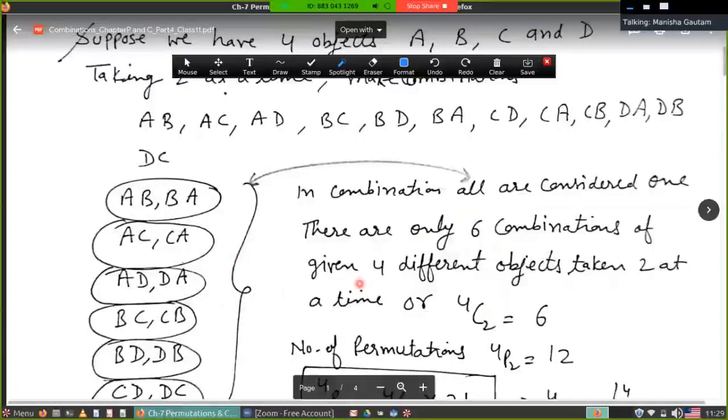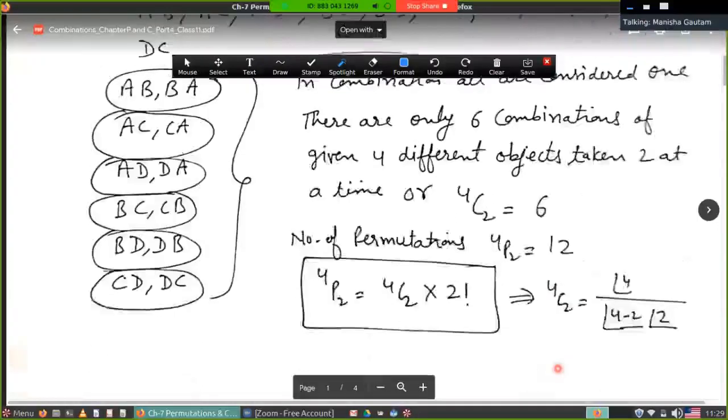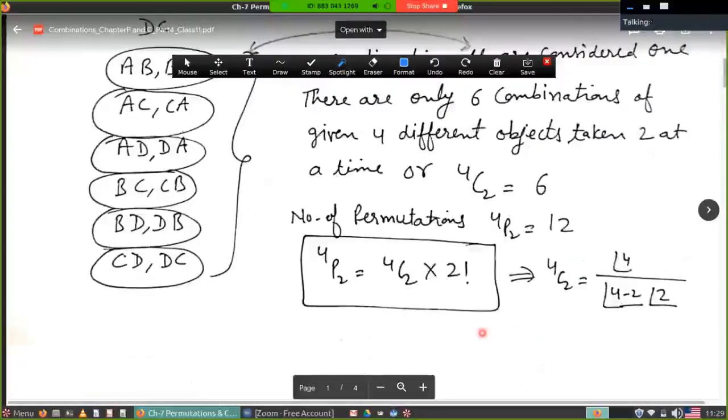It means when you take 4 distinct objects and select any 2 out of 4, you get 6 combinations. That is, 4C2 is 6. If you are talking about permutations or arrangements, 4P2, then you get 12. Now, what is the relation between combination and permutations?